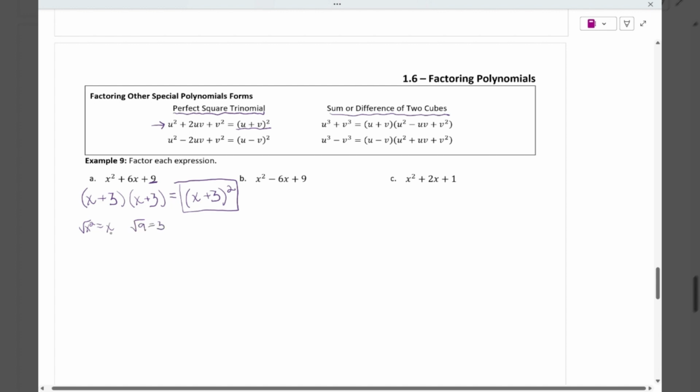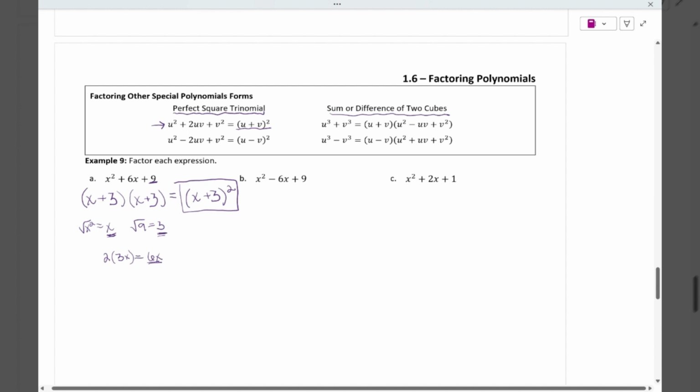So then when you take these and you multiply them, x times 3 or 3 times x is 3x. When you multiply them and double them, times 2, what do we get? We get that middle number, 6x. So those are the characteristics that they have here, okay? First term is a perfect square, last term is a perfect square, and their square roots doubled is the middle term.